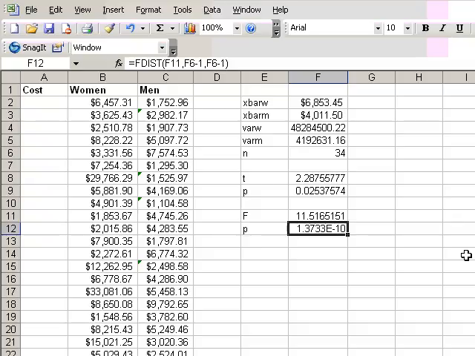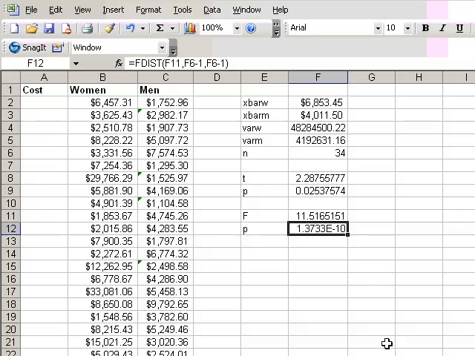On the basis of that probability, I would conclude that the null hypothesis in this case, the implicit null hypothesis that the variances for men and women are equal, or that they are not different from one another, cannot be supported by the data, and I would conclude that the variances are different.